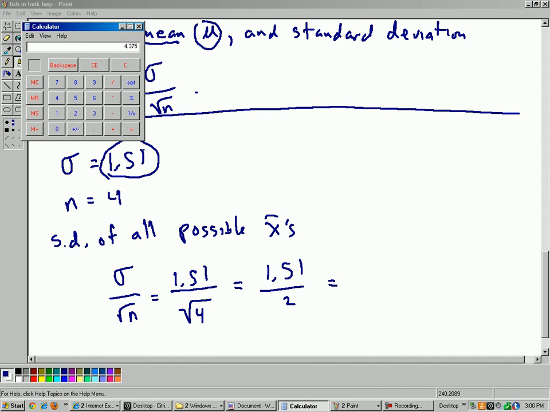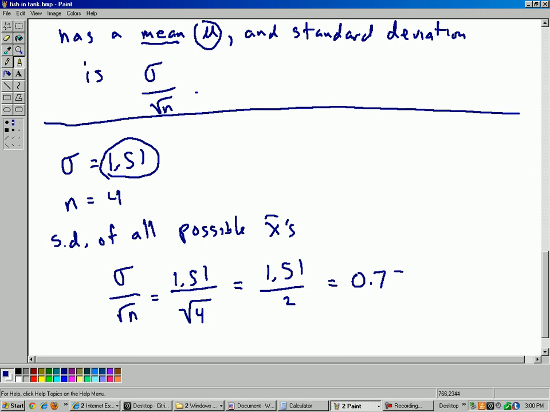We can get a more precise number here. 1.51 divided by 2 is 0.755. All right. Okay. That is called the standard deviation of the sampling distribution, right there.